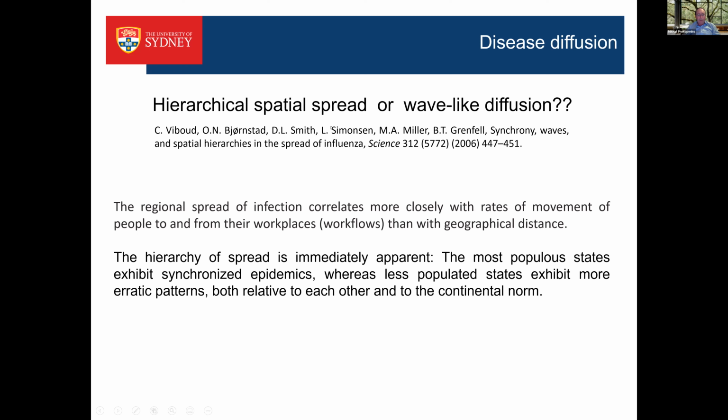And this hypothesis was verified by good people a long time before us, who pointed out that it's actually hierarchical spatial spread rather than wave-like diffusion, meaning that it usually happens in big agglomerations rather than simply going geographically like a wave.